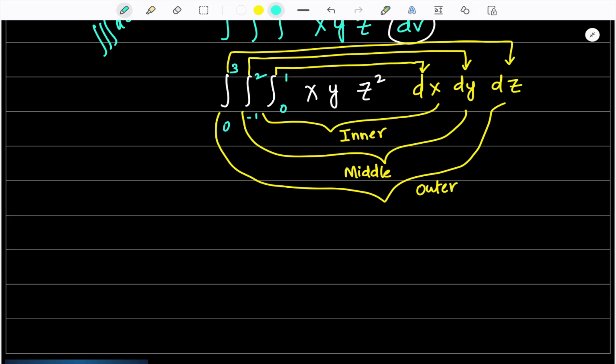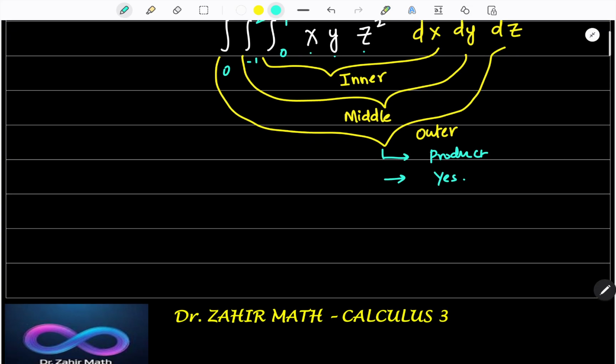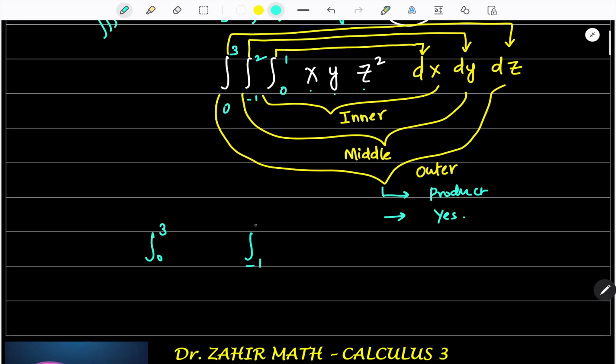First of all, make sure whether the given question is in plus or minus, or in product. Yes, it is in product, so we can move the factors here and there. Let me start the integration: integral 0 to 3 for dz, integral minus 1 to 2, and integral 0 to 1, with dx, dy, and dz.